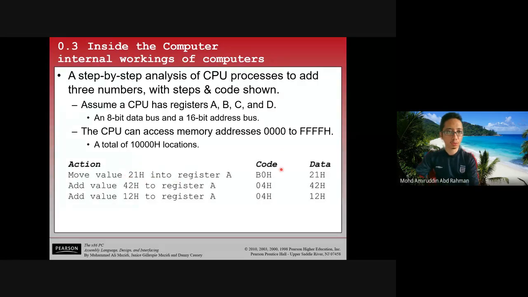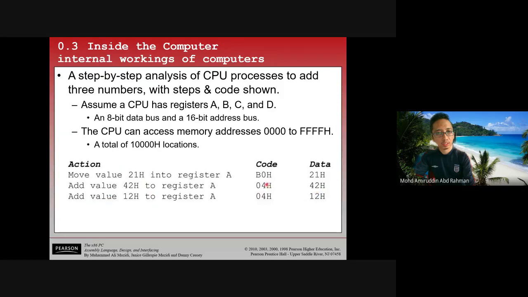And then we add more value, say 42H. So we add value 42H to register A with a different code. And then we add more, 12H.